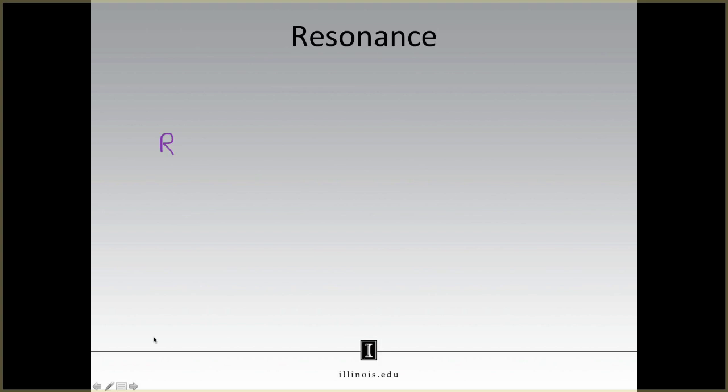R stands for some alkyl group. I can take this amide and draw a resonance structure where I take the lone pair on the nitrogen and move it this way to make this resonance structure.